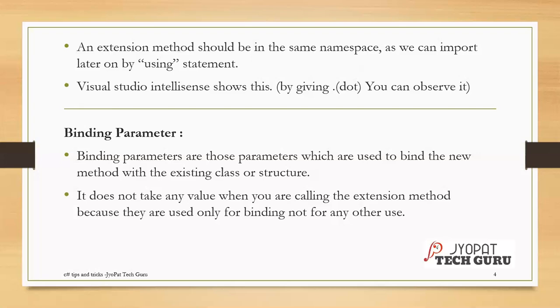It does not take any value when you are calling the extension method because it is used only for binding, not for any other use. You cannot store or use the binding parameter. It is utilized only for calling the extension method and does not do any other work.